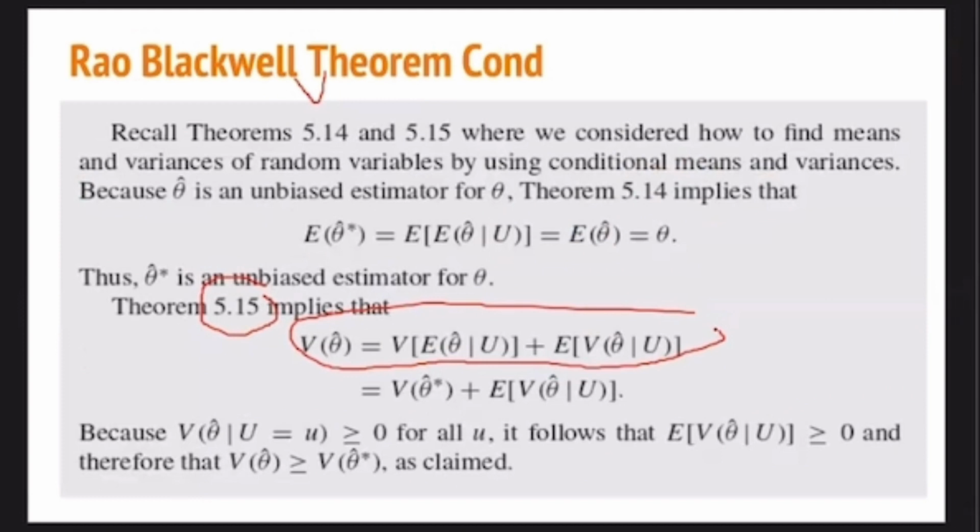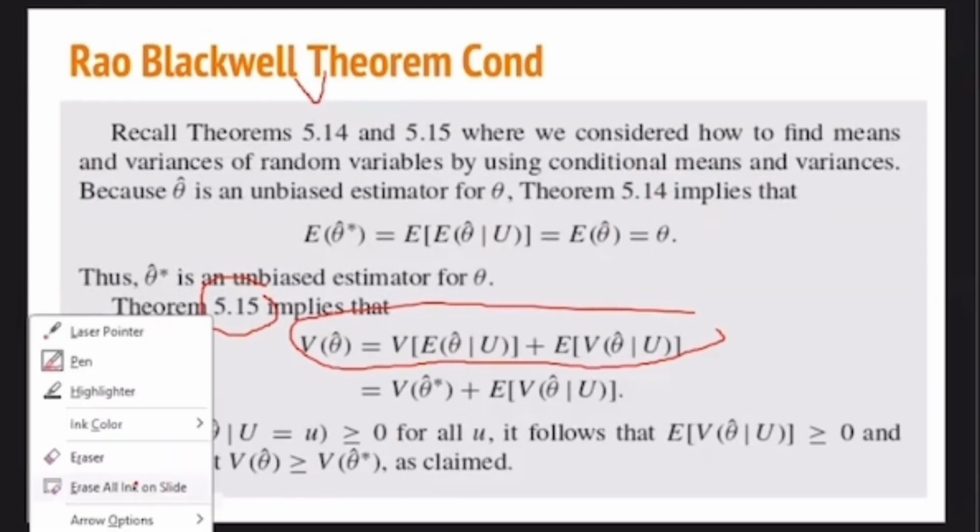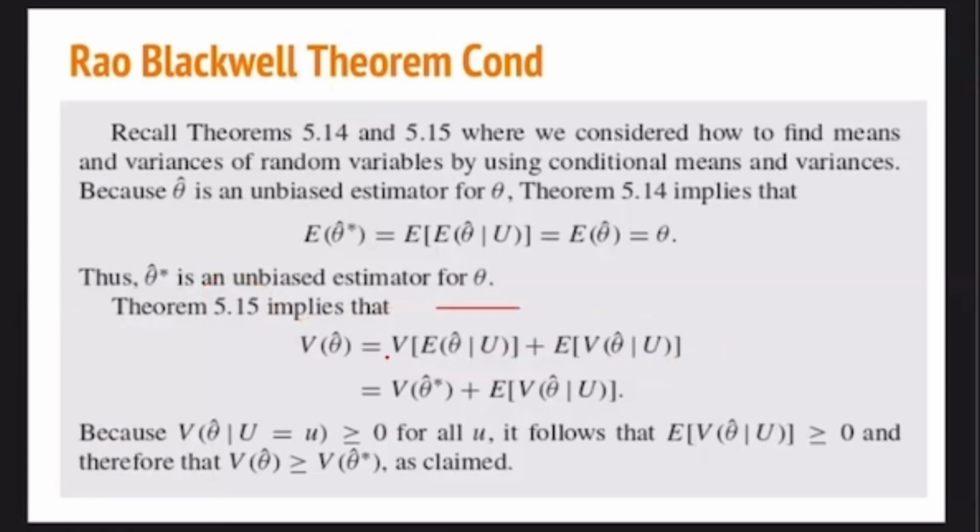And this guy here would be the variance of theta cap star. What is theta cap star? Theta cap star is actually a function of the sufficient statistic. That was why we see that. And this guy here is still what we have here.